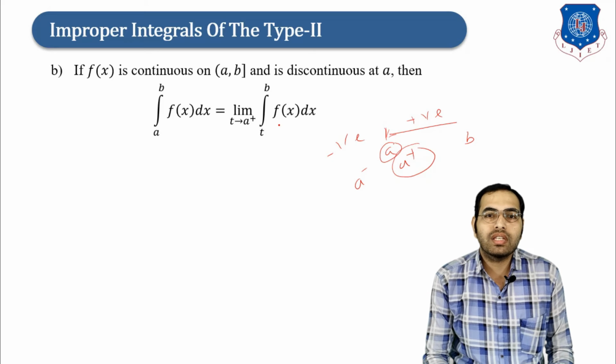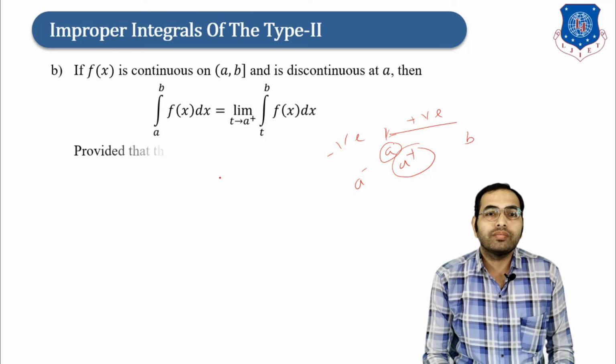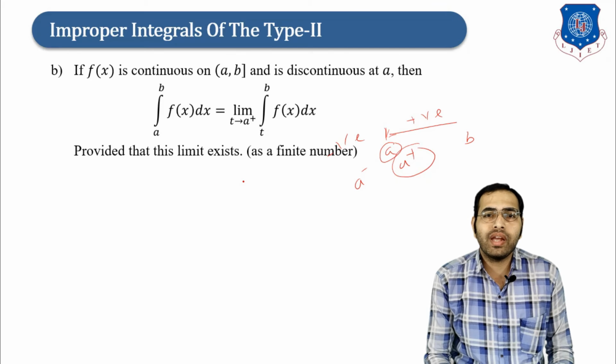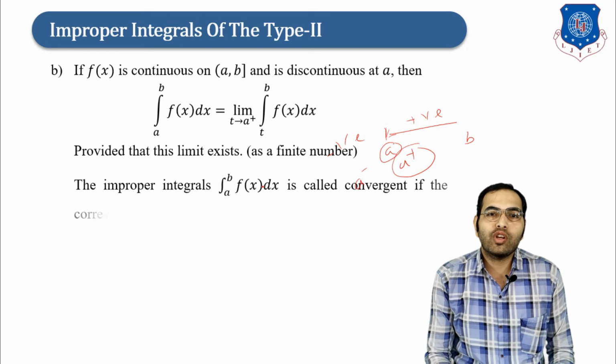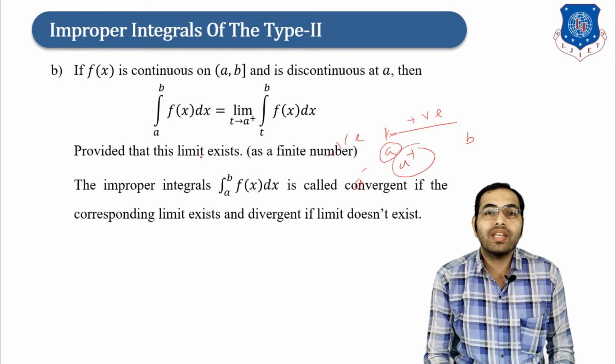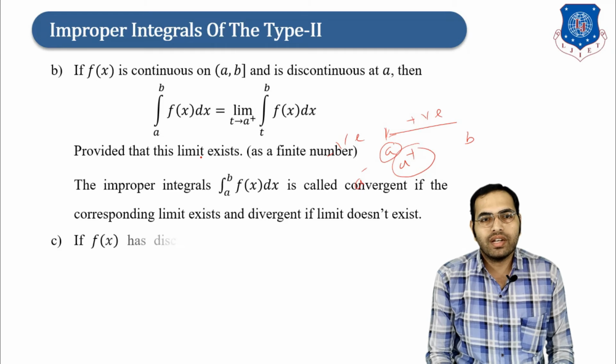Provided that the limit exists, the answer will be a finite number, and our improper integral from a to b of f of x dx is called convergent if the corresponding limit exists and is finite. If the limit is infinite or does not exist, then it is divergent.